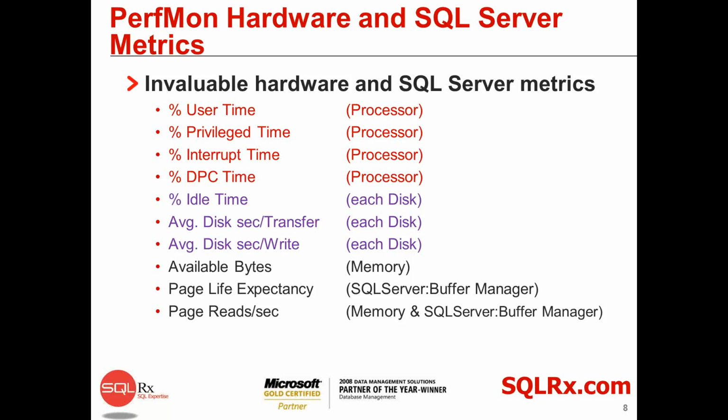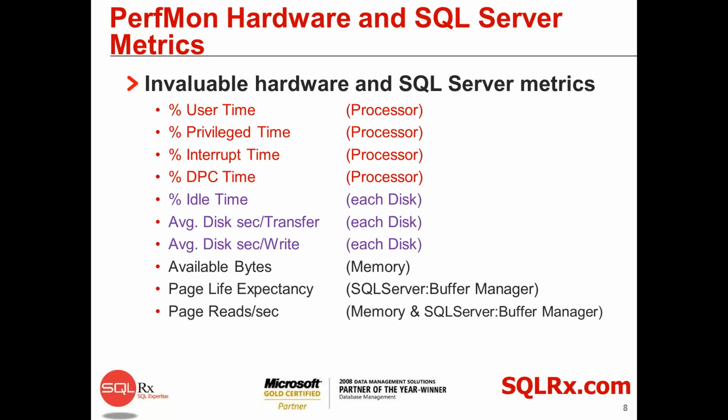The percent idle time is actually a utilization figure about how busy the disk is. Disk seconds per transfer and per write are also a measure of how well or how poorly the disks are responding. The writes are useful because we can see if writes are different from typical IOs.